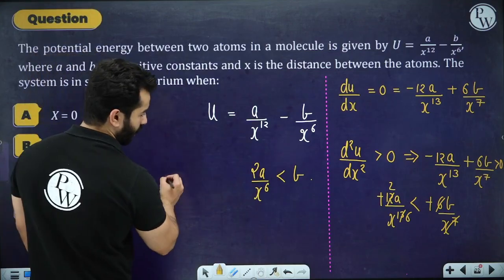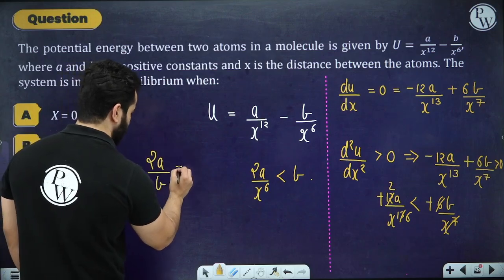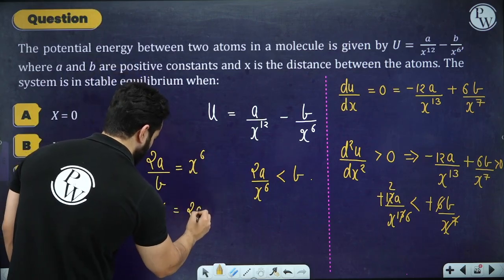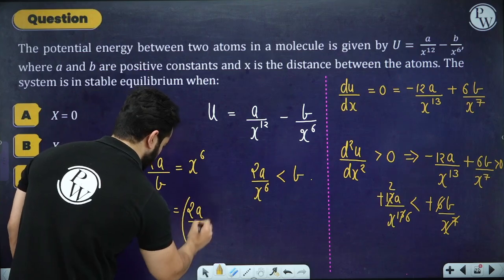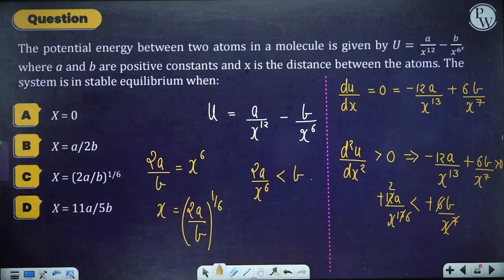And if I rewrite this, this is going to be 2A by B equals x to the power of 6. So x would be 2A by B whole to the power of 1 by 6. Please see, I think option C is absolutely correct, but you check it. Let me know in the comment section if you have any doubt.